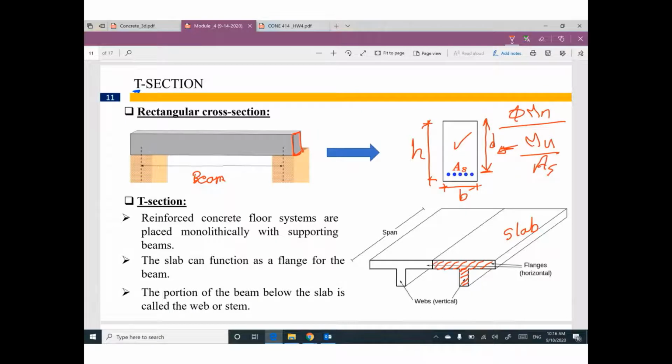And that makes sense. We have a slab in your building. You are walking on the floor. I'm not talking about a wood building. I'm talking about a reinforced concrete building. This is a slab made from concrete and a beam made from concrete. This beam with this slab are poured or placed monolithically.